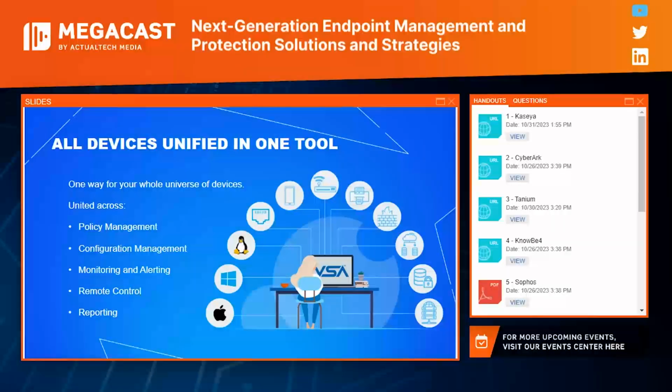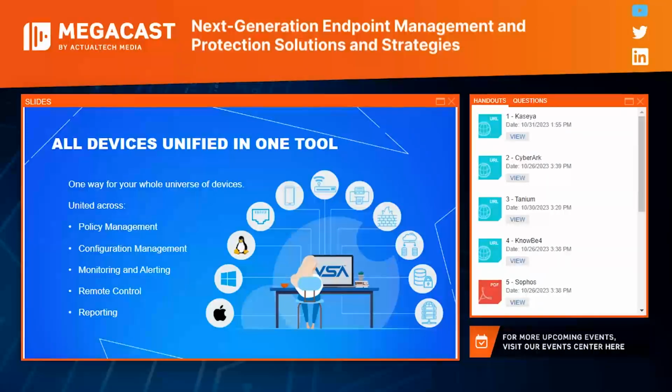I mentioned true unified endpoint management. What does that mean? To me, it means 2 things. It means 1, it's unified in what it can manage. So from Mac, Linux, BSD, Windows, of course, Raspberry Pi, mobile devices, network devices, printers, routers, switches, firewalls, virtual machines, cloud endpoints. Oh my goodness, you name it.